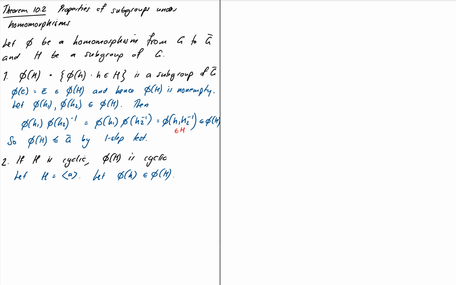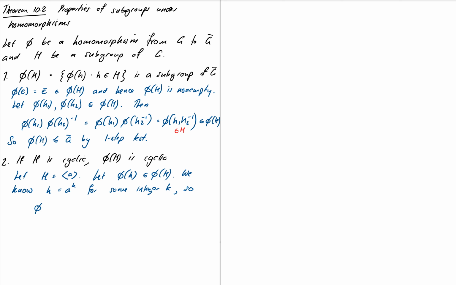So what I do know is that big H itself is cyclic, so my little h must be a power of A. We know that little h, which is inside my group G, is equal to A to the k for some k. So we can replace that and see what happens.